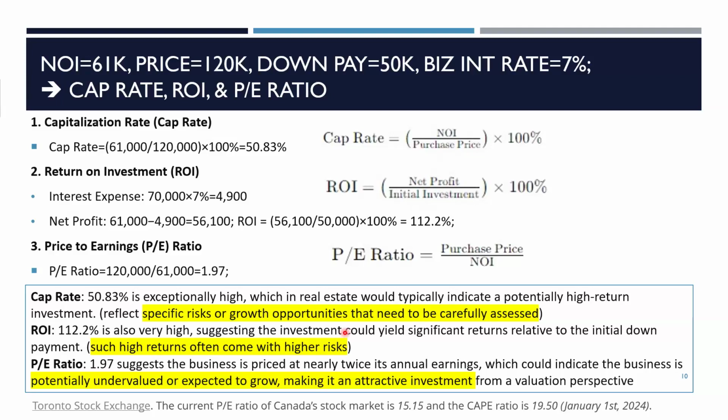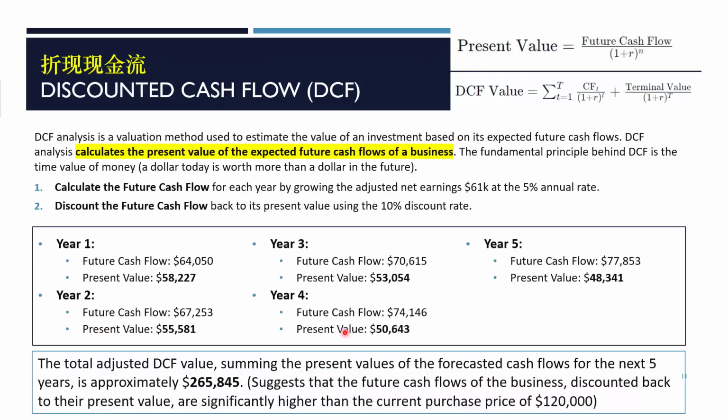So furthermore, if you want to deal with a bigger business, a bigger project, you may want to do a discounted cash flow, DCF. Discounted cash flow means you calculate the present value of the future cash flow of the business. You use the cash flow for the first year, which is 6K, and then increase it at a 5% annual rate to calculate the next years' cash flow, and then discount it at 10% back to the present value.